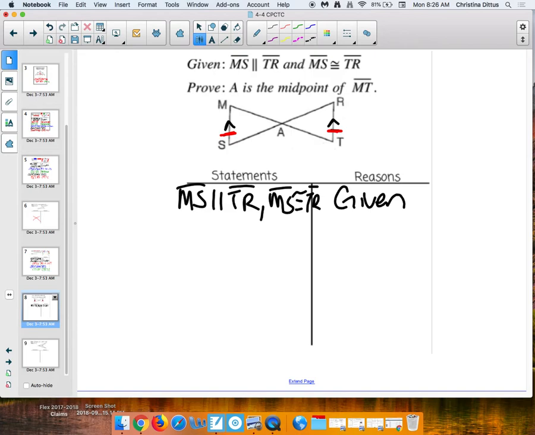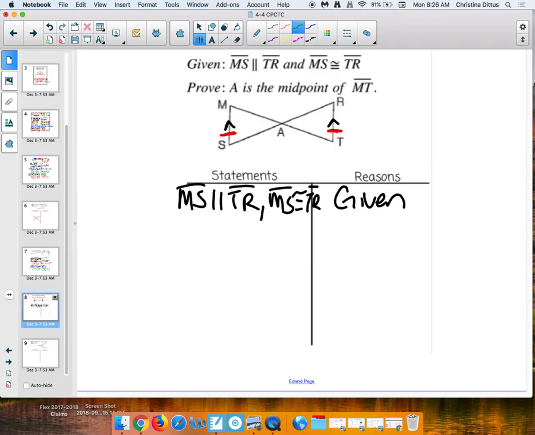What else do we got? A is the midpoint of MT. And they're corresponding angles? Because of the parallel, alternate interior angles.